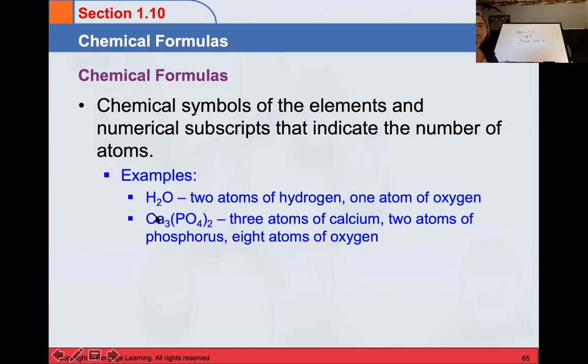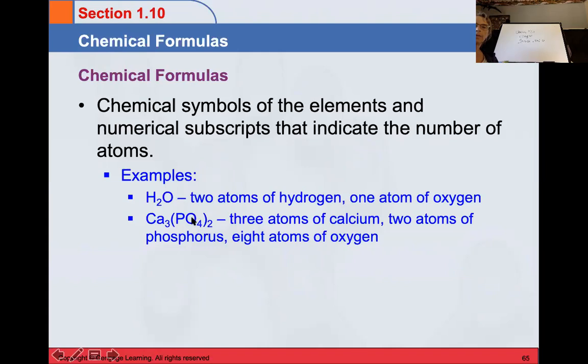In this formula, the 3 next to the calcium indicates there's 3 atoms of calcium. If you have a pair of parentheses in a formula and a number outside of them, the number applies to everything that's inside the parentheses. So this 2 applies to the oxygen and the phosphorus.